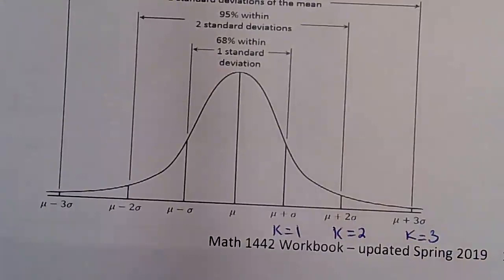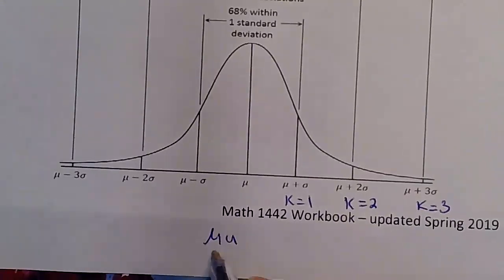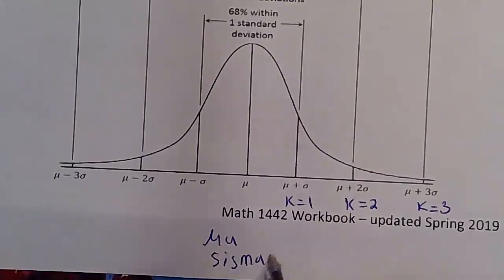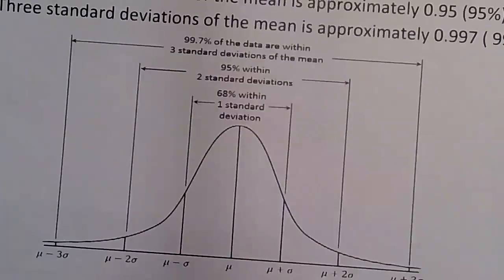And they're not using s for standard deviation, they're using sigma. So they're using mu and sigma. And again, this is bell shaped.